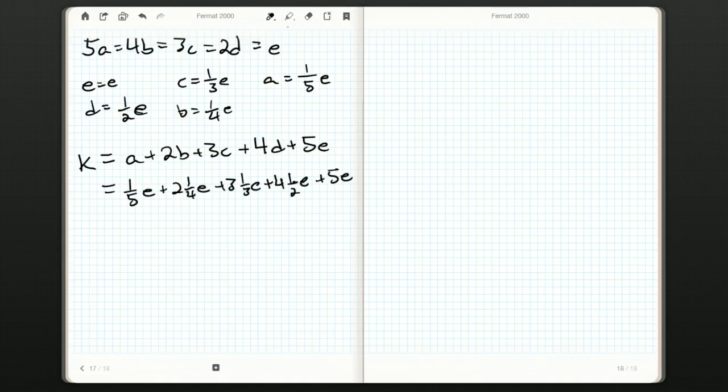Okay. So some things I can notice immediately. These 3 and the third will cancel out. We'll get another copy of E. We'll get 2 E's here. We'll get 1/2 of an E.